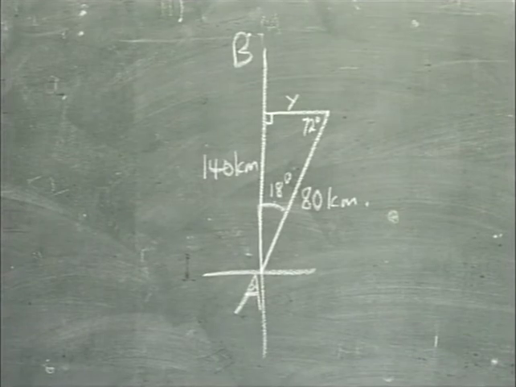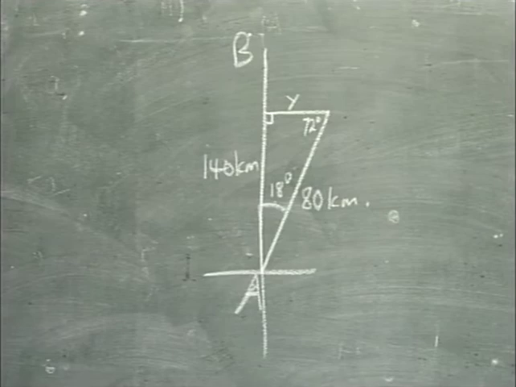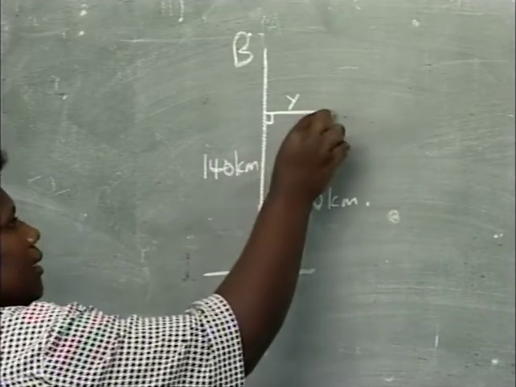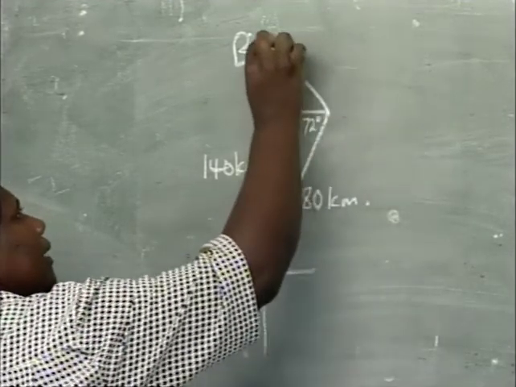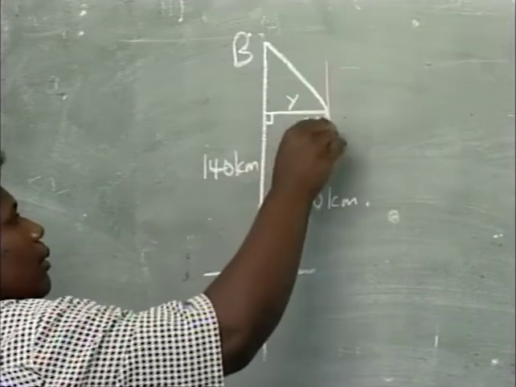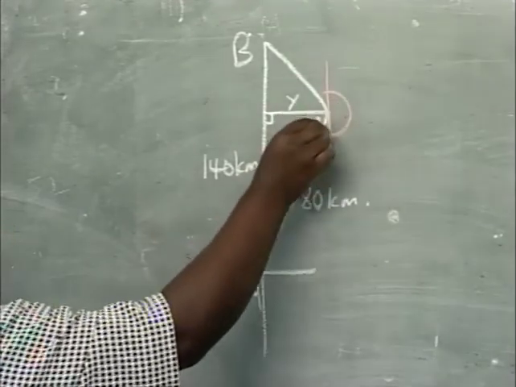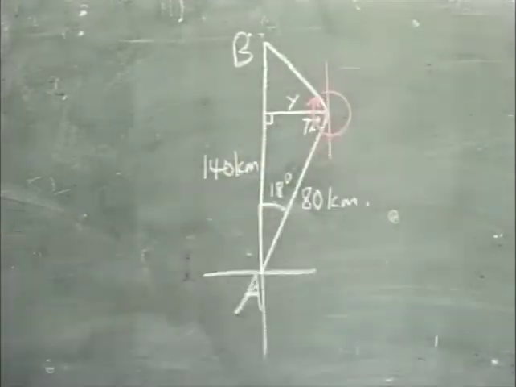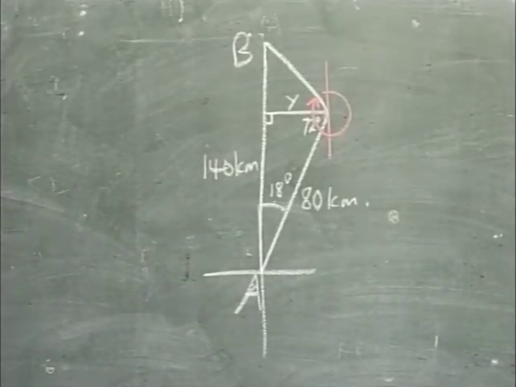The next thing you are asked to find is the direction it should then fly to reach B. It will have to fly to go to B, which means the direction you are asked to find is from this north line all the way to this one, which you can calculate.